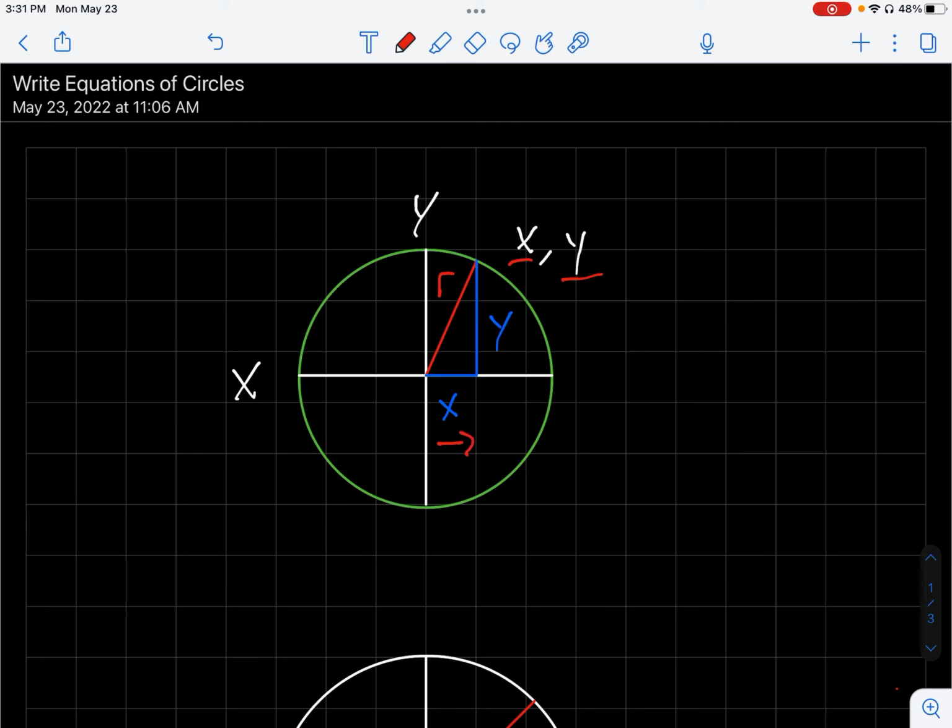Well, x this way and then y up on the coordinate plane here creates a right triangle. So we know by the Pythagorean theorem that a squared plus b squared equals c squared. So in this instance, x squared plus y squared equals r squared. And that's for any circle, any radius, any point on the circle.